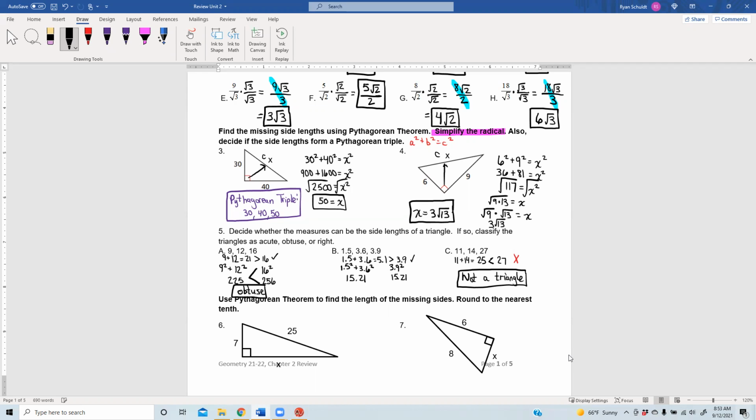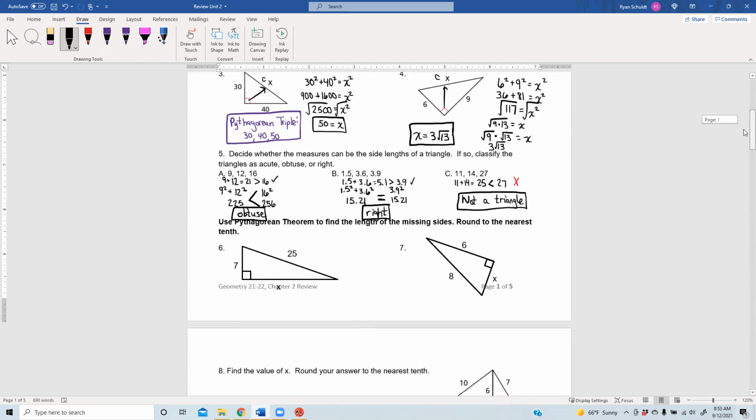Well, what do we notice about these? They are equal. It's a right triangle. And then we already said C is not a triangle. So there's that one.